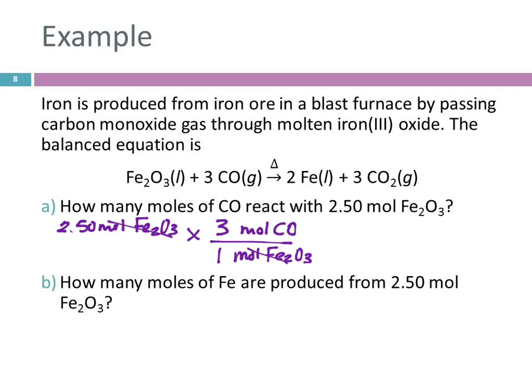Yeah. Some things in chemistry are easy. So then we've got 2.5 times 3, 7.5. We're going to need 7.50 moles of carbon monoxide to react with that amount of the iron ore. Any questions?